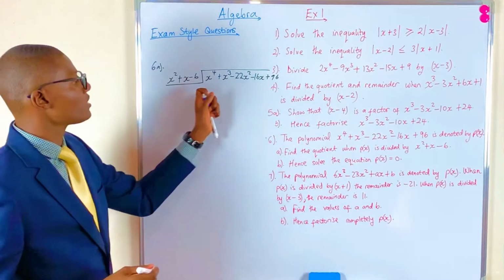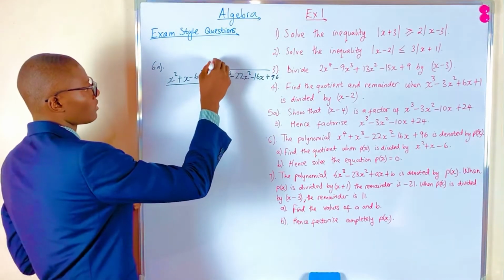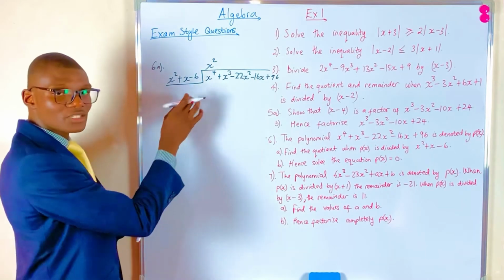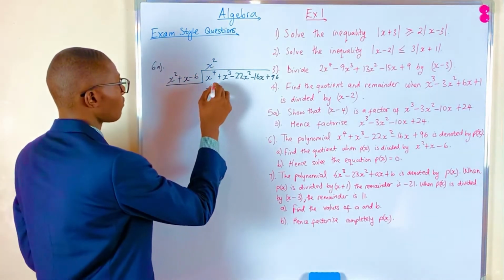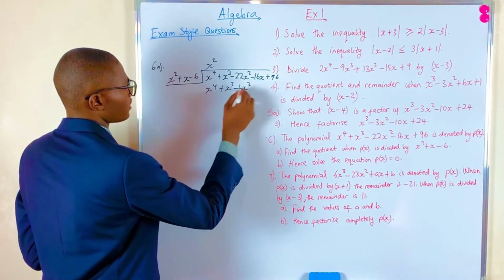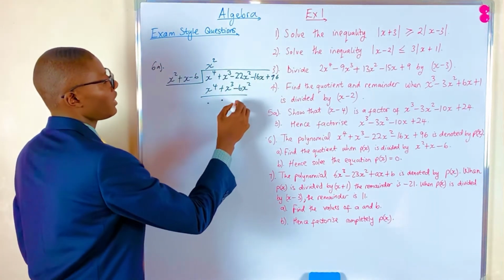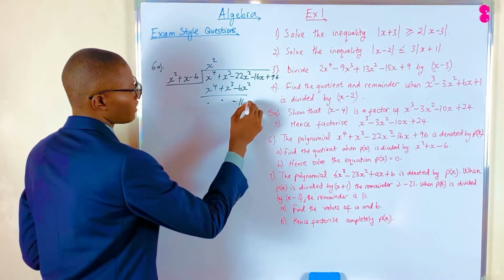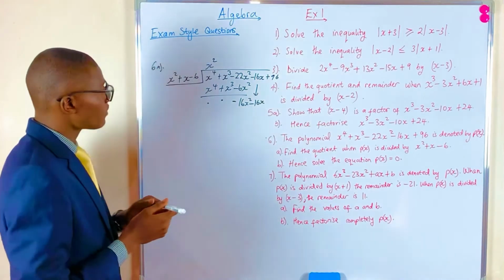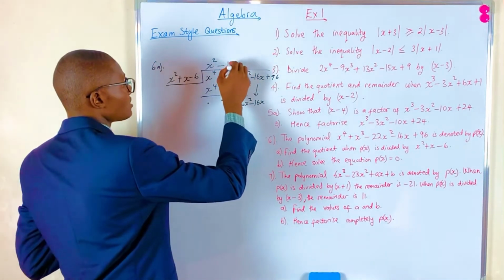So x squared into x to the power of 4, we get an x squared. Then x squared multiplies the divisor here to get x to the power of 4 plus x to the power of 3 minus 6x squared. Then if we subtract, here we get a 0, here we get minus 16x squared. Then if we drop the minus 16x, we're saying x squared into minus 16x squared, get minus 16x.